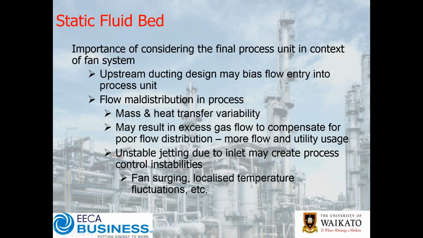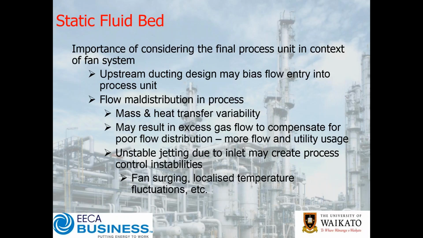So when you're considering the final process unit in the context of the fan system, you want to be very careful in thinking about upstream ducting design, flow maldistribution, especially in terms of heat and mass transfer. You might get excess gas flow to one part, which is compensated for by low flow somewhere else.